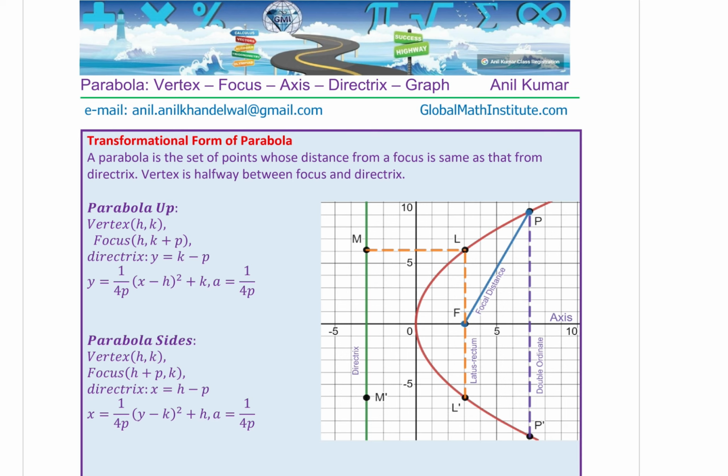So now let me summarize what we did here. We began with some definitions, and clearly we understood that if we are talking about a parabola whose vertex is at the origin, then that is called the standard form.